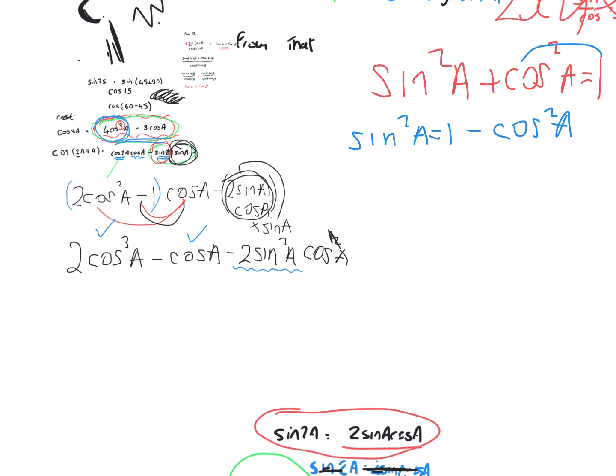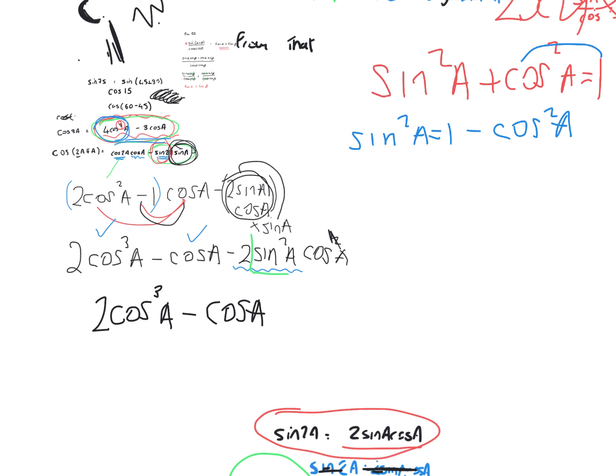So that's going to be 2 cos cubed A minus cos A. Okay, here's that swap now.